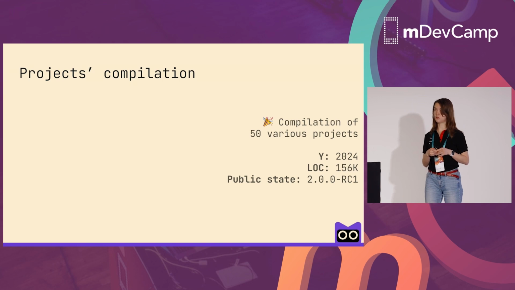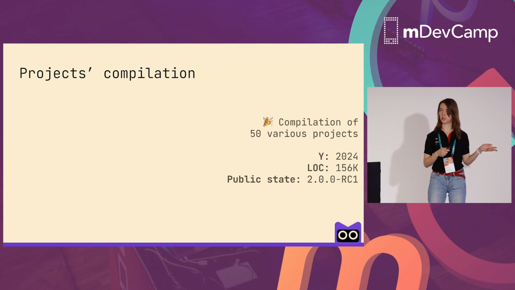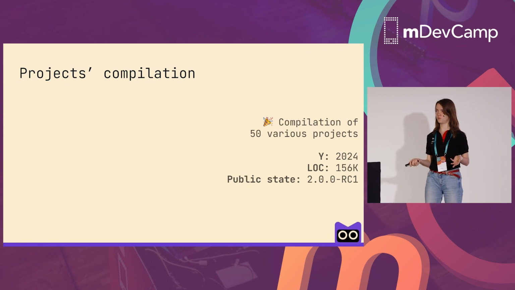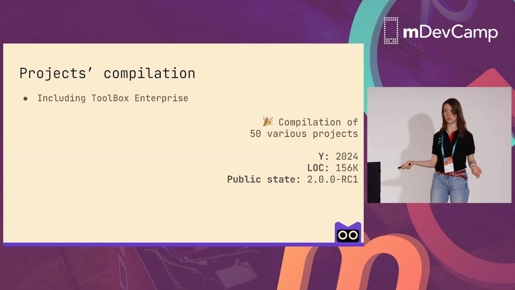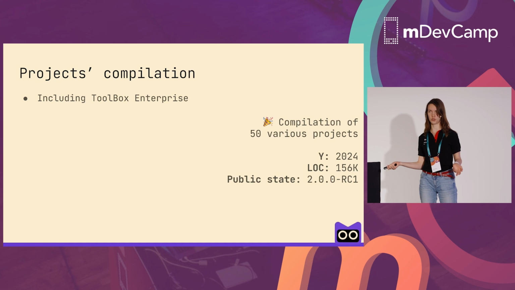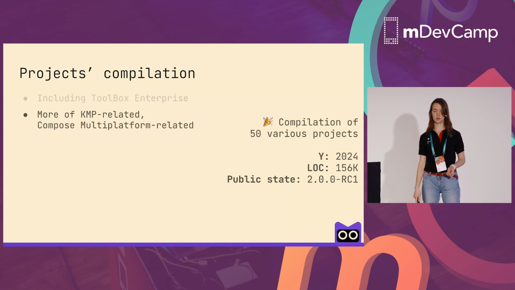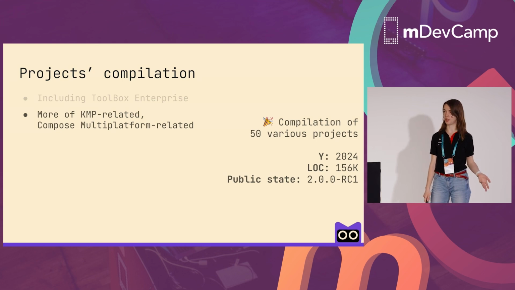And now, just recently, we have released RC1, and by that time, we have counted 50 user projects compiled successfully. This includes Toolbox Enterprise. It's also one of the products of JetBrains. And also, we have added more Kotlin Multiplatform related projects, as well as Compose Multiplatform related projects.